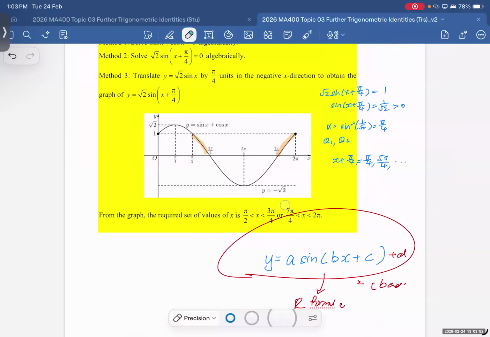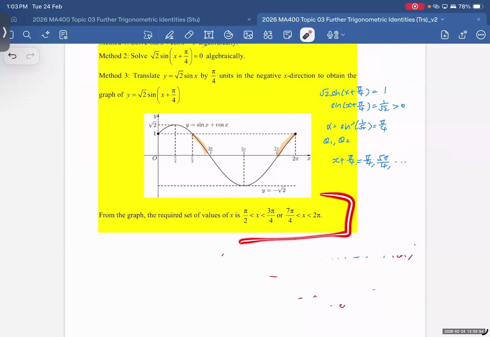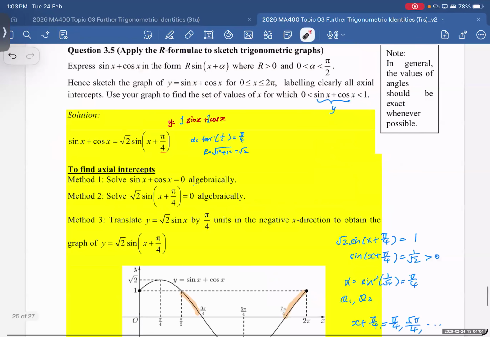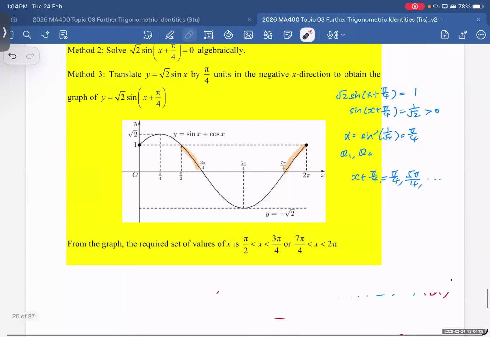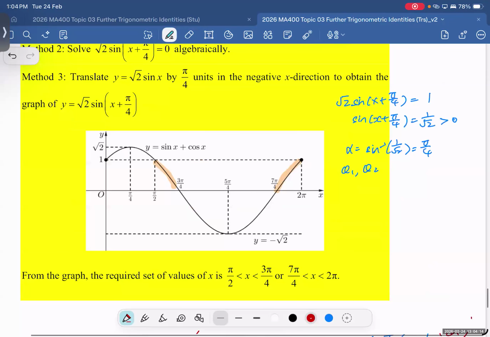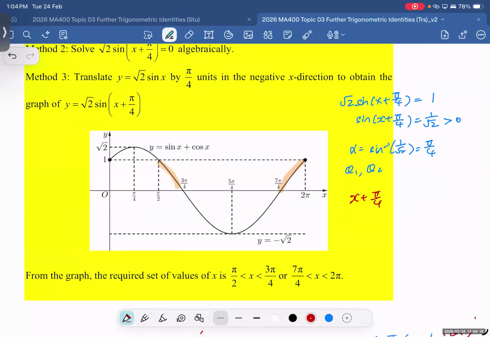How do I get the final answer? Okay, so first of all, x plus pi over 4 can be Q1, Q2. When the answer is in Q1, theta is alpha.